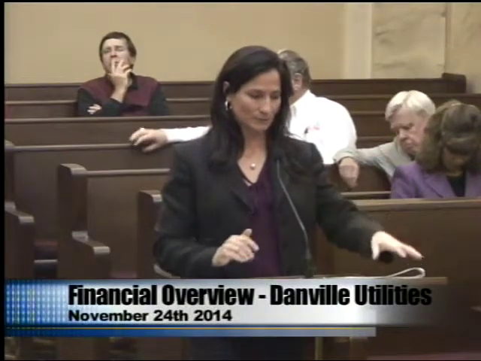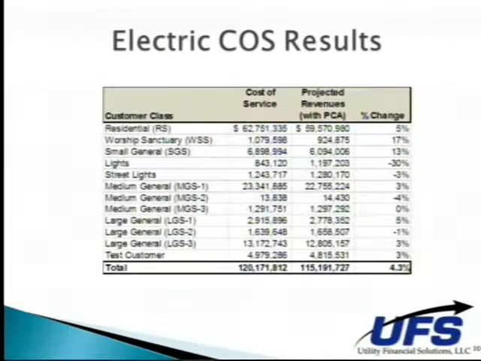And I want to go back, and Jason, jump in, please, if I misstate this. Specifically, you asked about the lights and the street lighting. You've got a category called street lighting, which showed relatively close to cost of service. We take that 4.3% and we add or subtract 10% and say, you know, usage patterns change yearly.